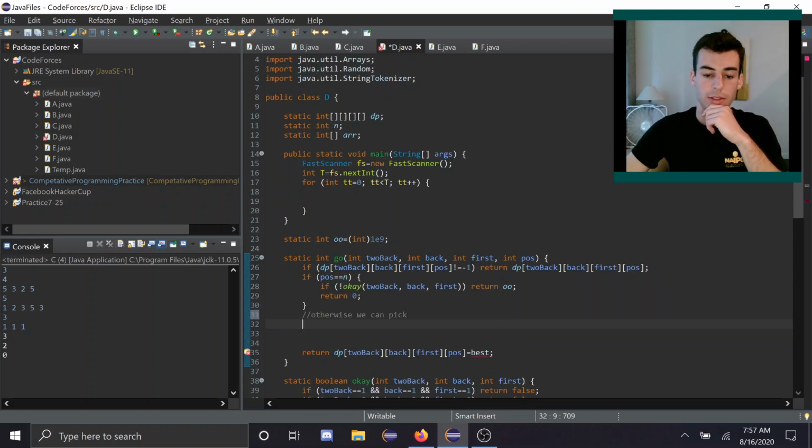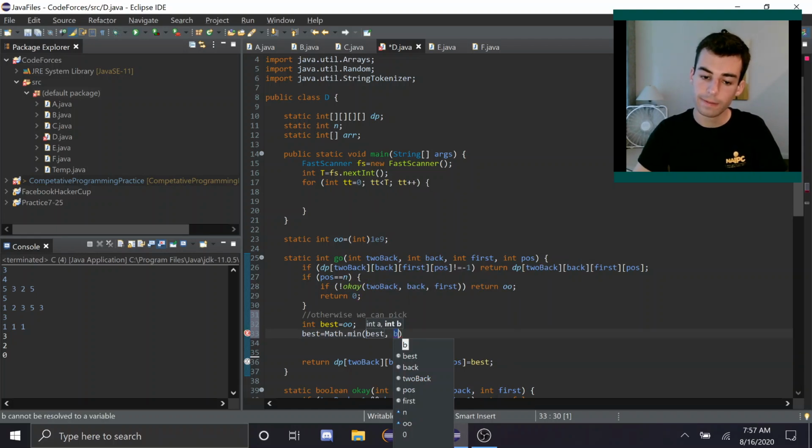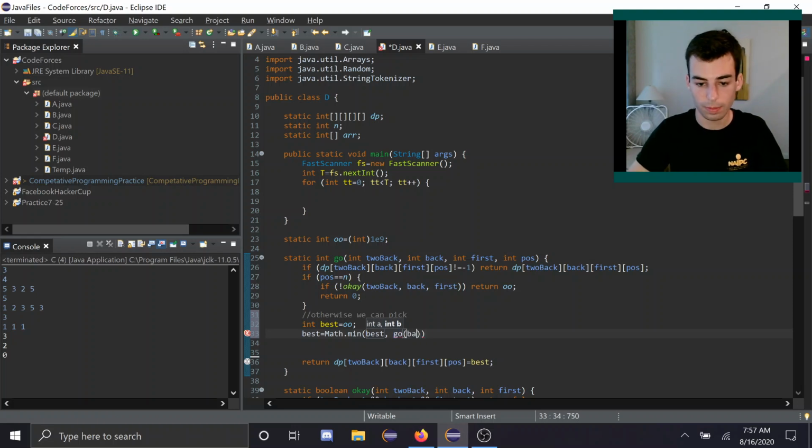In which case, if best equals infinity, best equals math.min best. Go back. Well, this is okay. If okay, back or 2 back. 0.